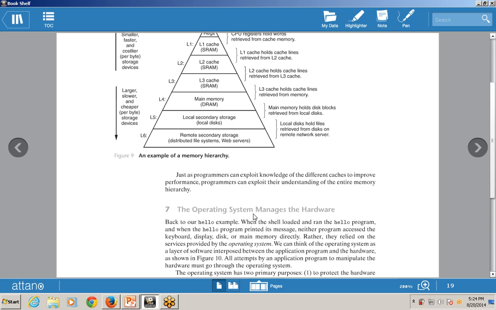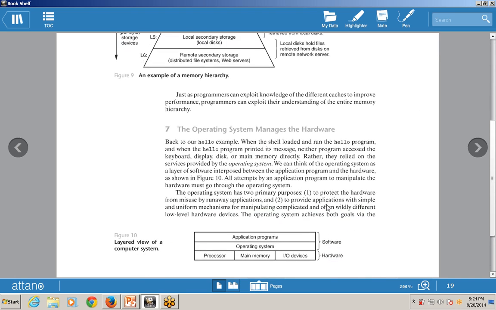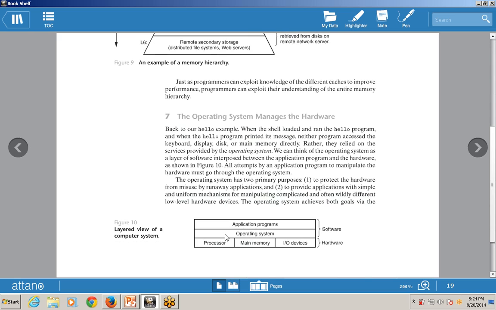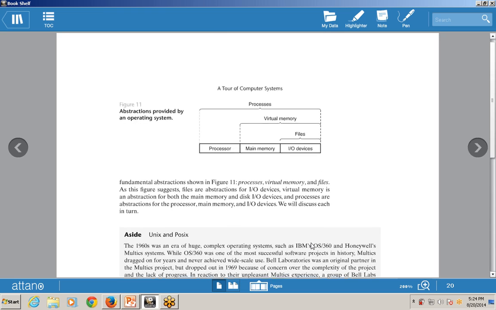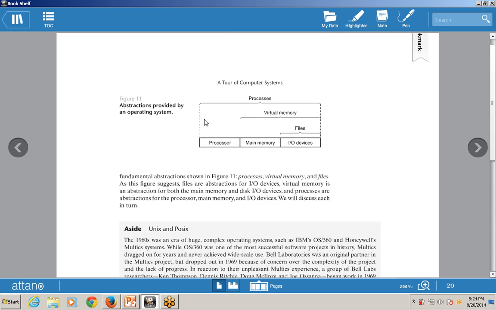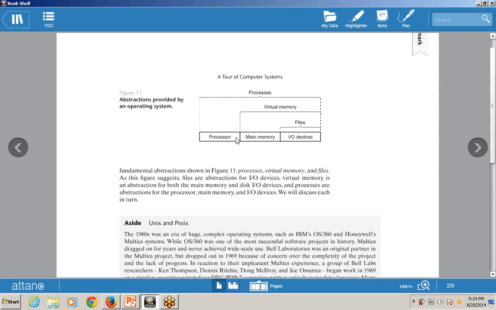So if a person wants to use the computer, that can be done by using the operating system. This is the operating system that lies between the application program and the input-output devices. Then there is another term, that is abstraction, that is also provided by an operating system.